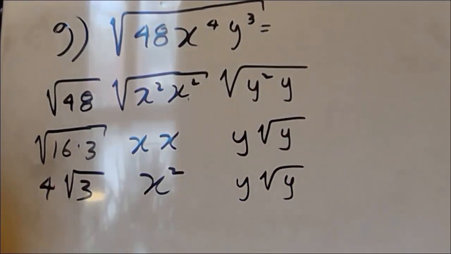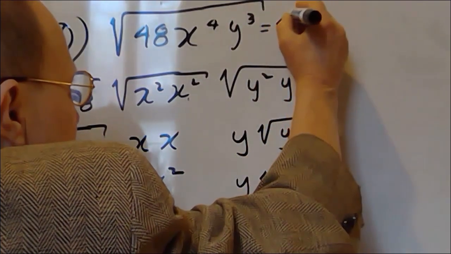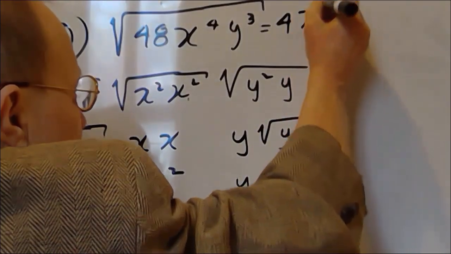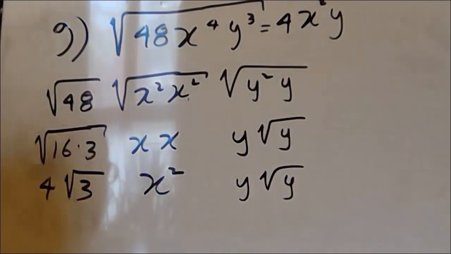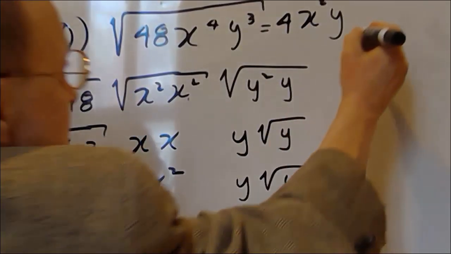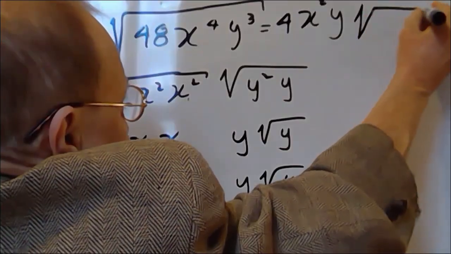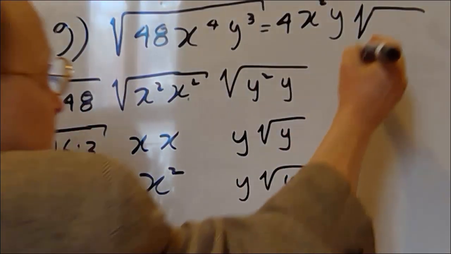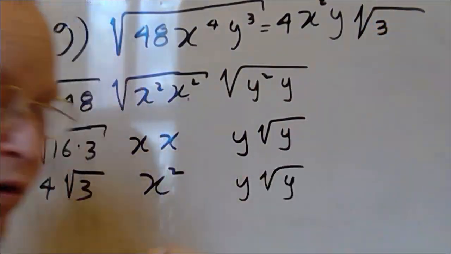Now what we're going to do is rewrite it where all the ones outside of the radical sign, usually the number is first, 4 x squared y, and then underneath we put the radical sign, and what's underneath the radical sign is 3y.